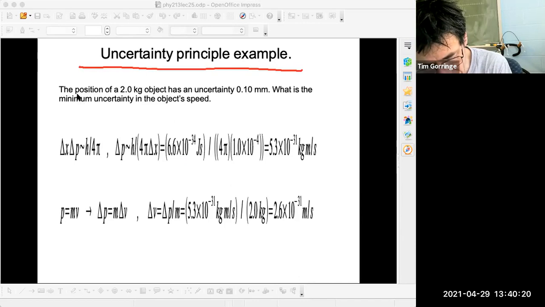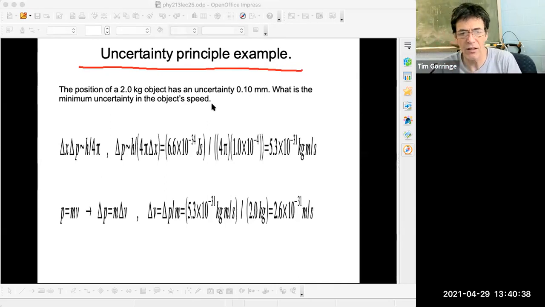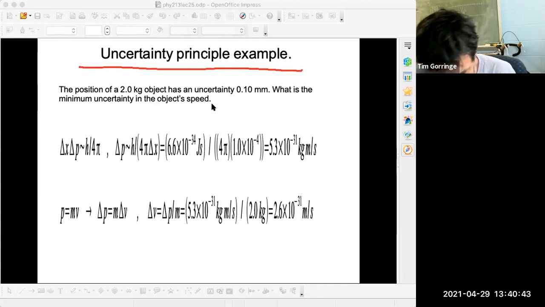So in this question, we've got a 2 kilogram object, and it has a position uncertainty of 1/10 of a millimeter. And we're asked to figure out the minimum uncertainty in the object's speed. So this is an uncertainty principle question.